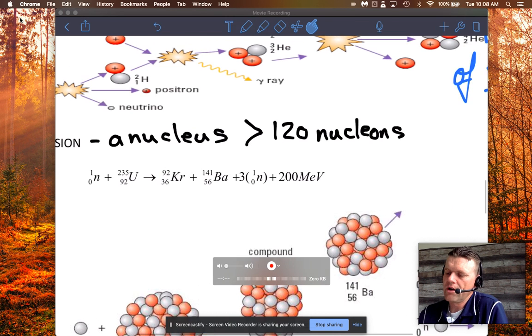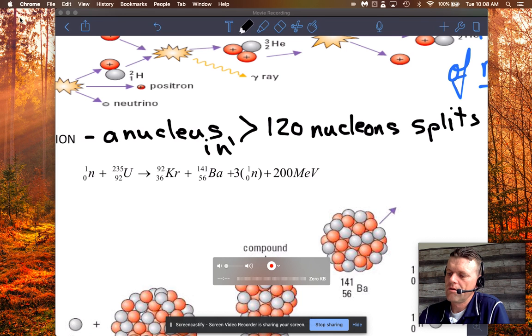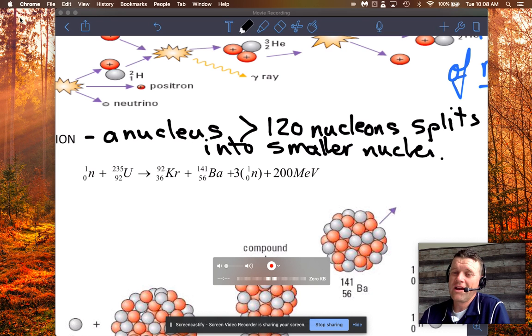Okay, so sorry, I got to finish this. A nucleus with greater than 120 nucleons splits into smaller nuclei. Okay, and again, this is all driven by stability. It's so fascinating. All the forces inside an atom are really what are dictating the fact that you can fuse or fission in the first place.